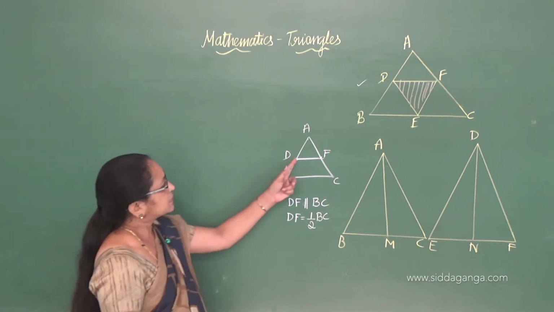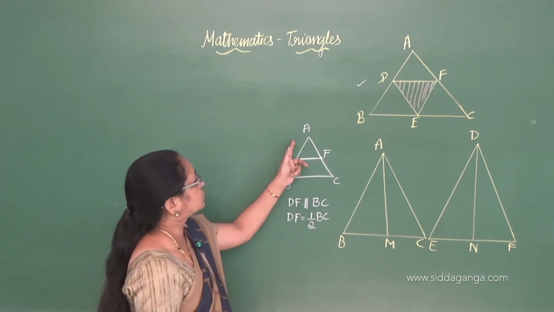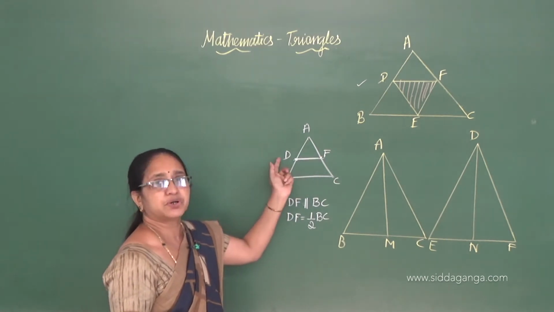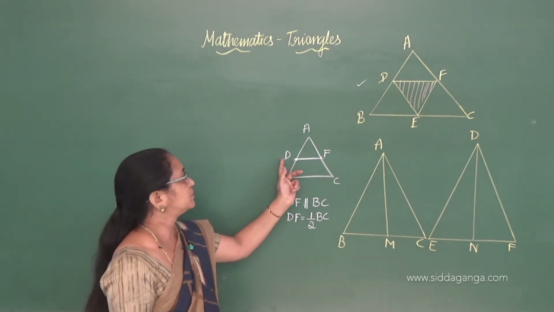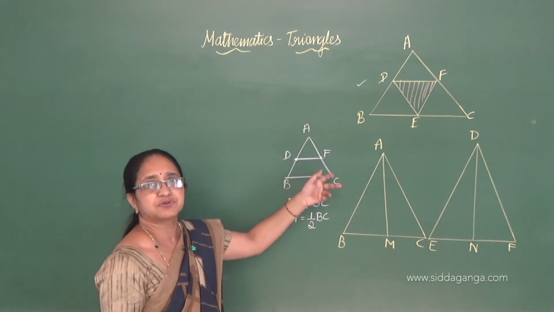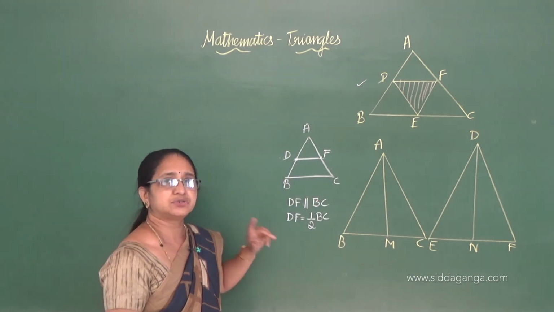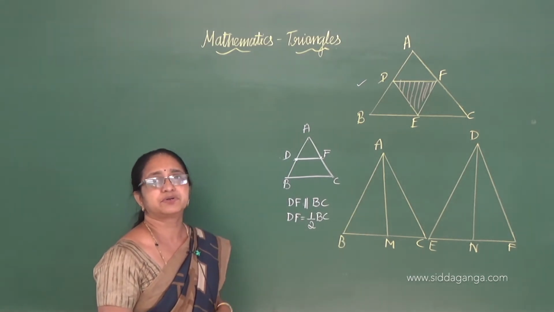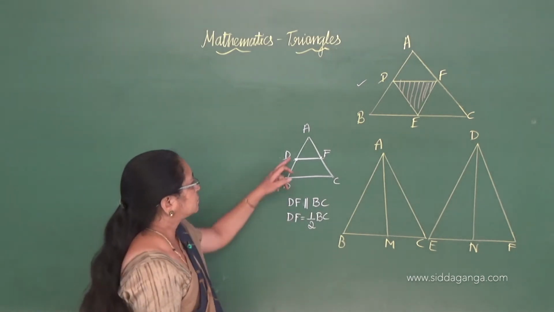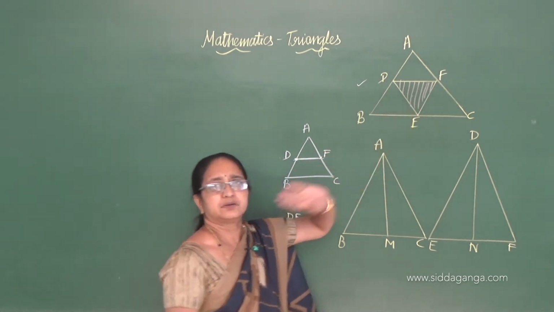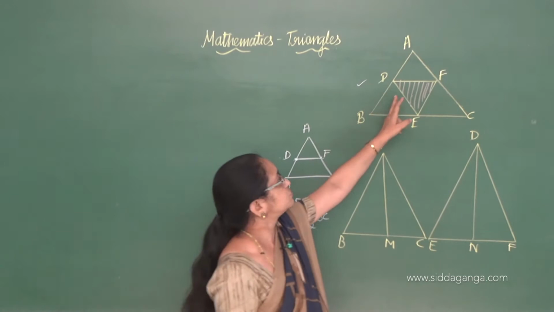So if D and F are the midpoints of two sides of a triangle, then the line segment joining the two midpoints will be parallel to the third side and also it is half of it. I hope you can recall the statement. By that we can find the ratio of the two triangles now.